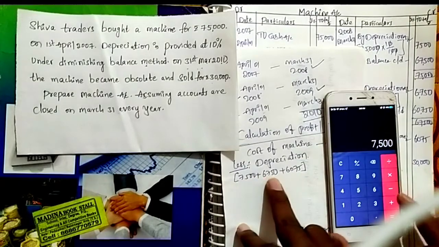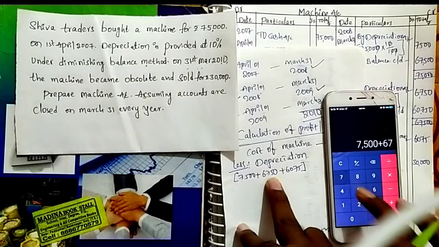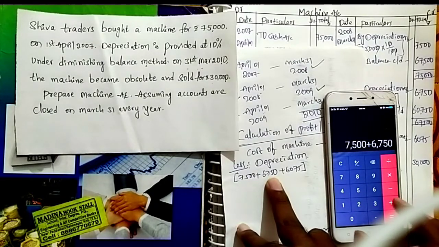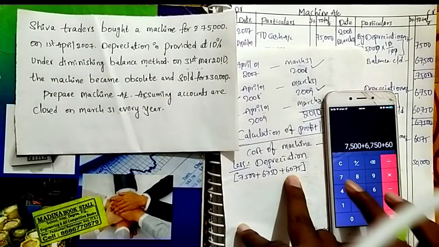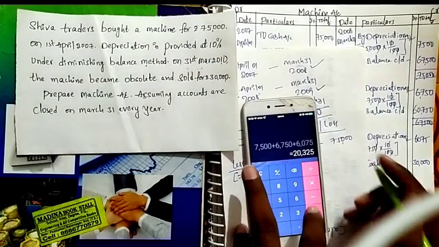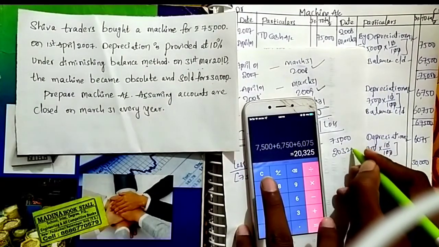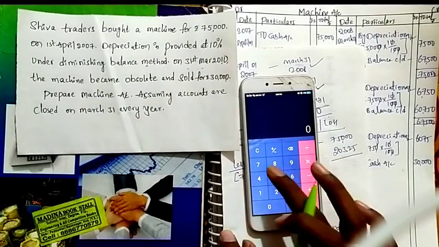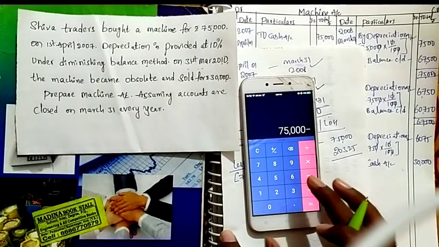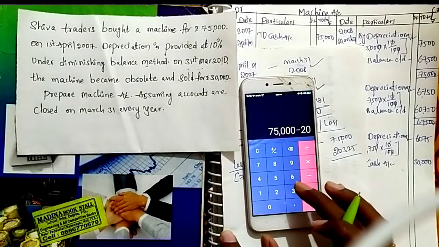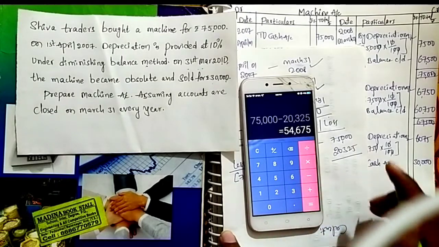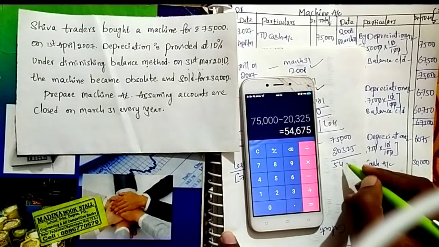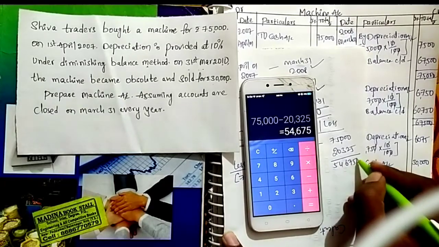See this, 7,500 plus 6,750 plus 6,075 is 20,325 rupees depreciation. This is the total depreciation. See this, of the 75,000 cost, we provided depreciation of 20,325, remaining 54,675.